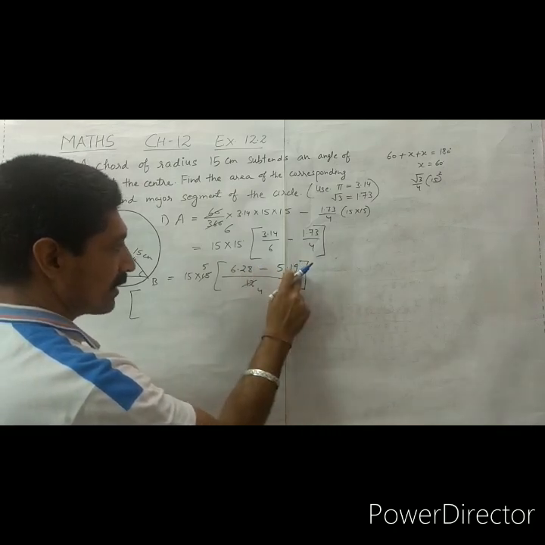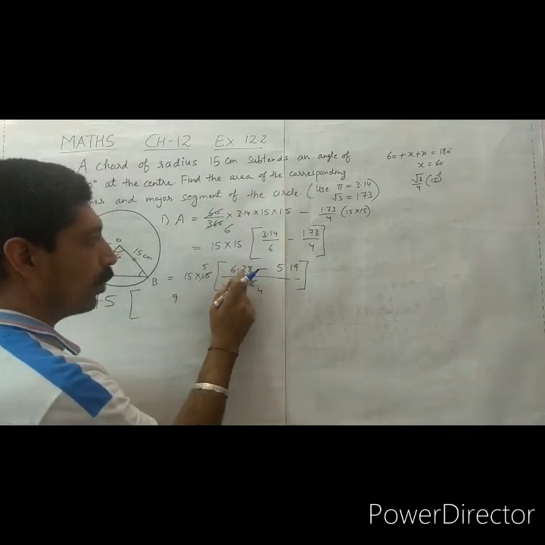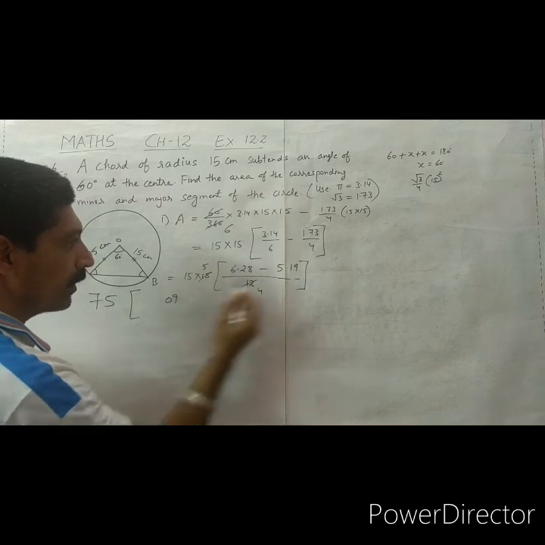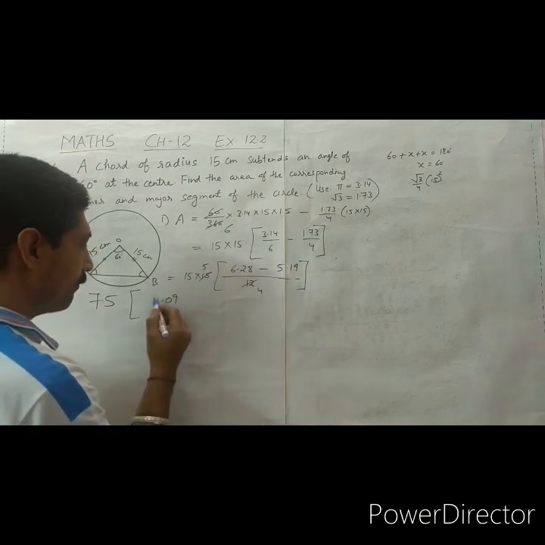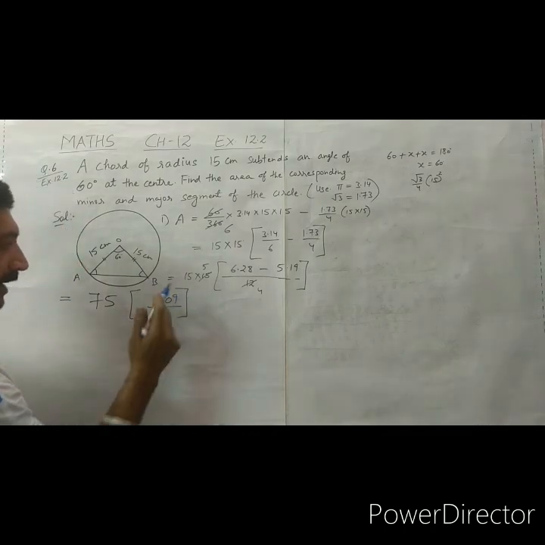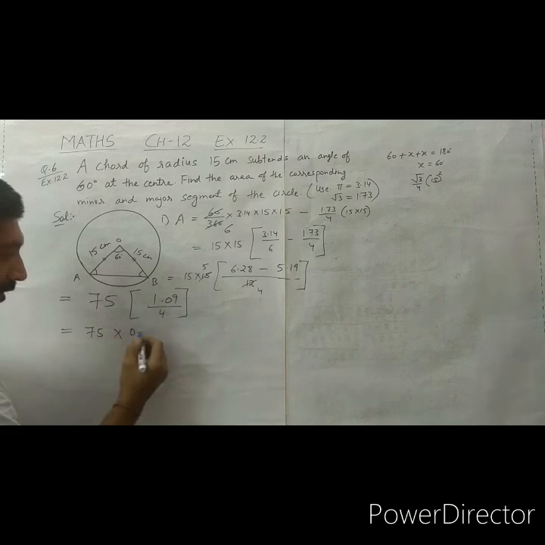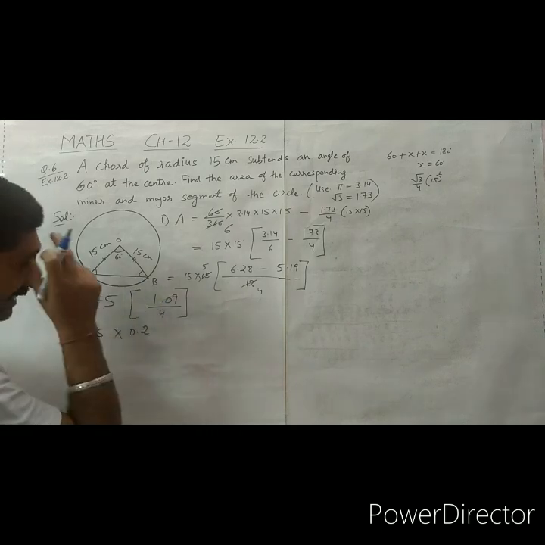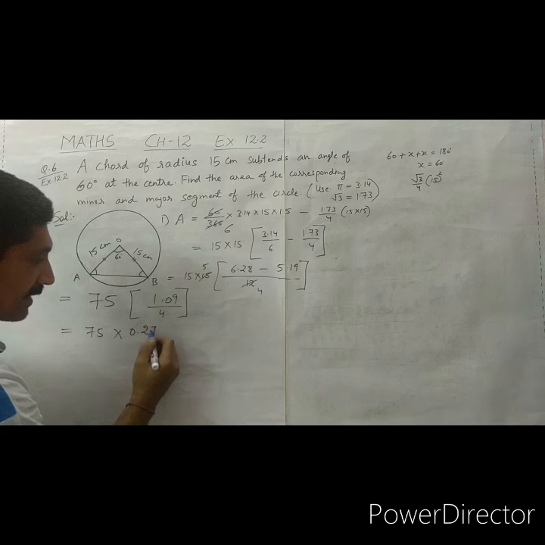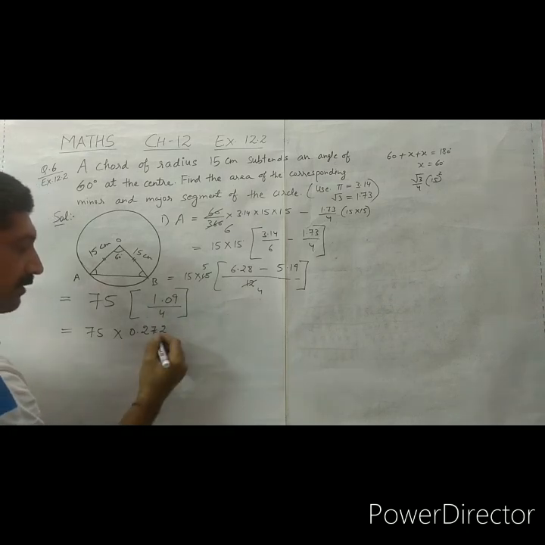So 18 minus 9 is 9, and here we have 1 carry, 1 minus 1 is 0, and here 6 minus 1 is 5, so we have 0.49. So when we divide, next we have 75 into 0.42 are 10, 2 carry 7s are 28, 1 again with 2, 8, 2 carry 5.